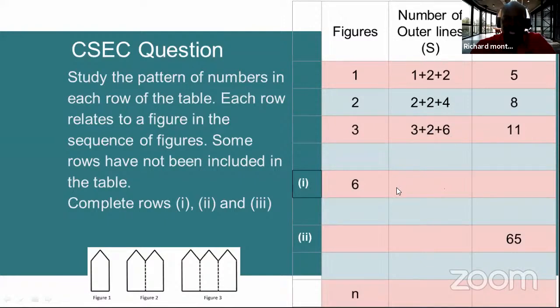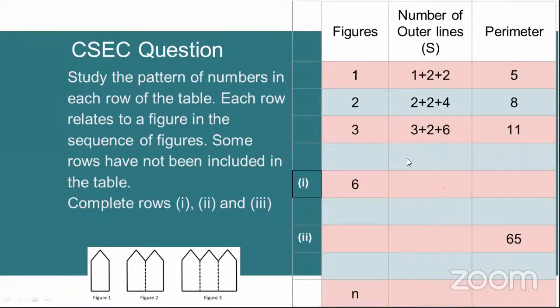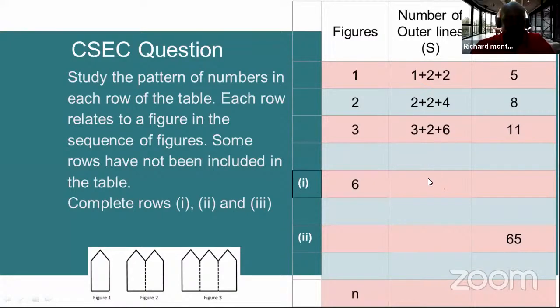So for the 6th figure, all right, what should we have? Are we seeing what we should have? So I'm seeing 65. All right, my little detectives, come on.